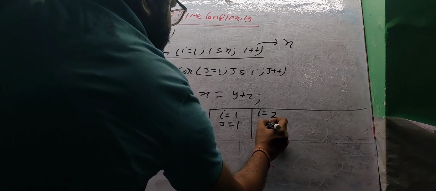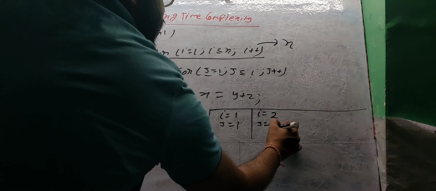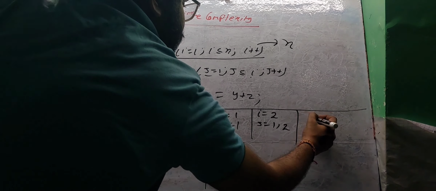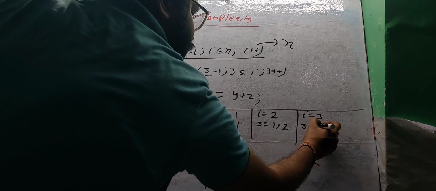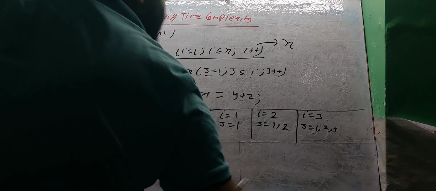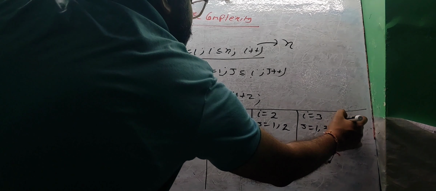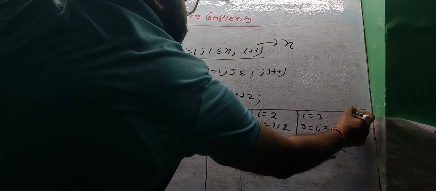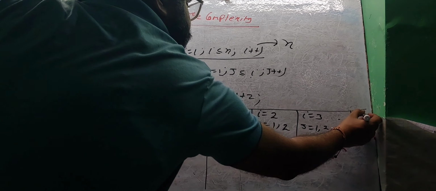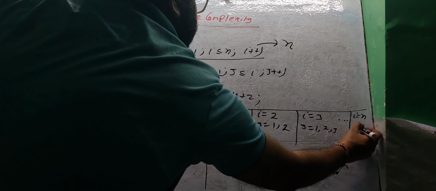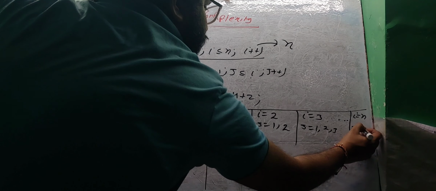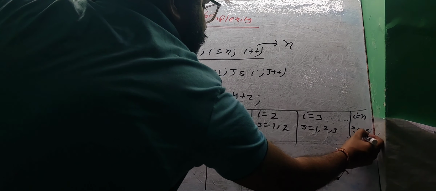That is j will execute for 1, then 2. If i value equals 3, then j will be executed 1, 2 and 3 times. The same way, if i value equals n, then j will run 1, 2, 3 till n.